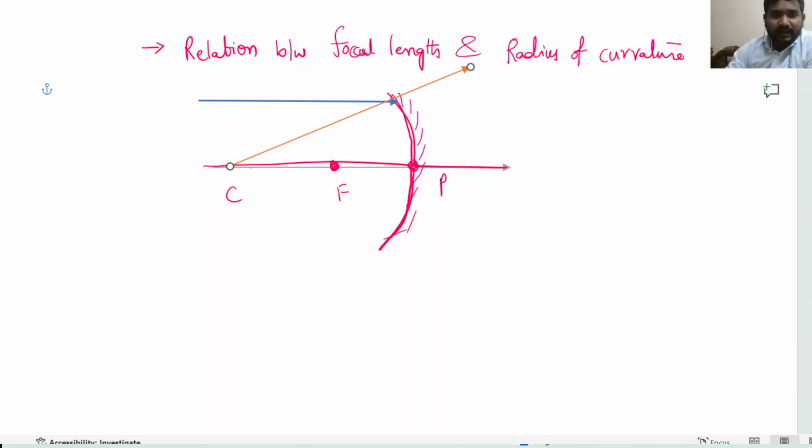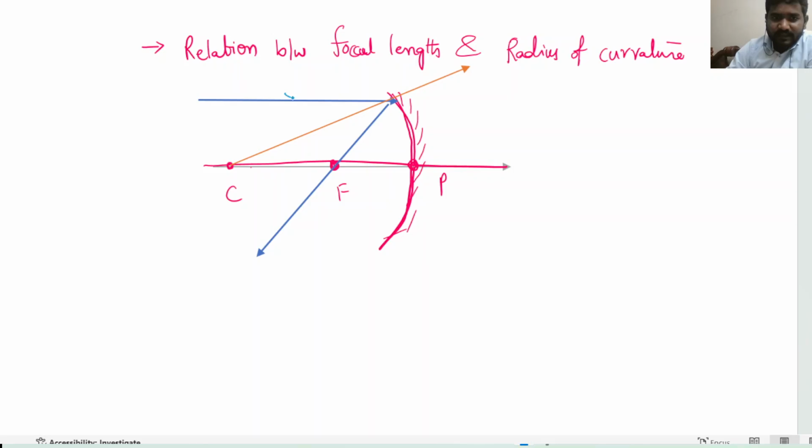After the light ray is incident, it will reflect. Already we know any light ray passing parallel to the principal axis reflects through the focus point. Like this, the light ray will be reflected. Okay, so the light ray will be incident like this, and it will be reflected like this. So then we can use the similar triangles principle.